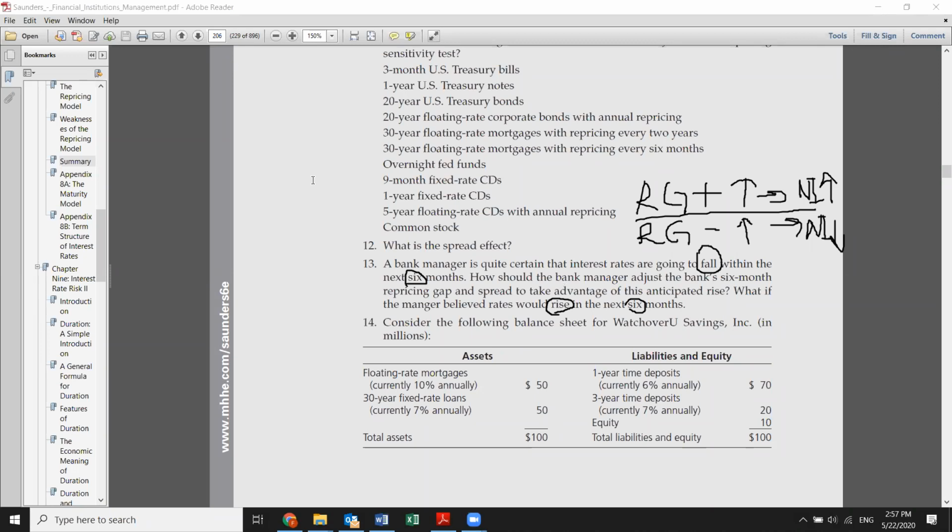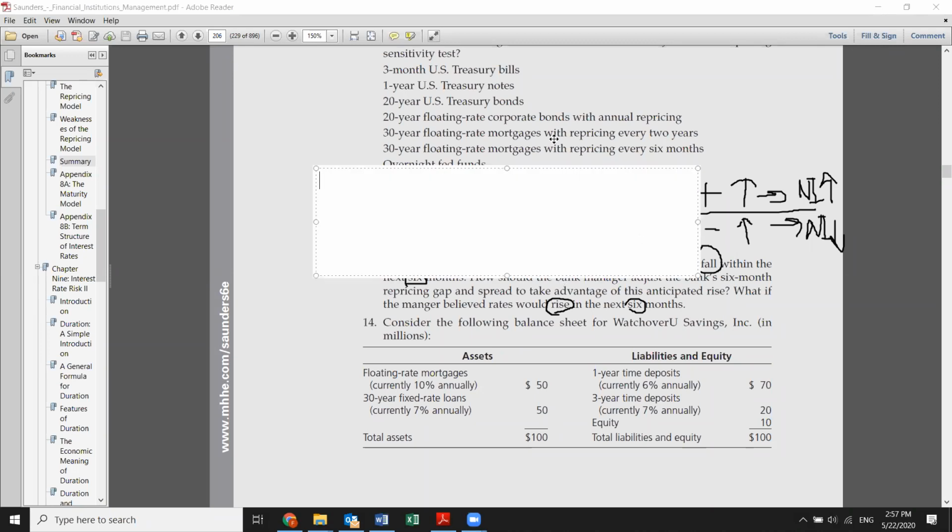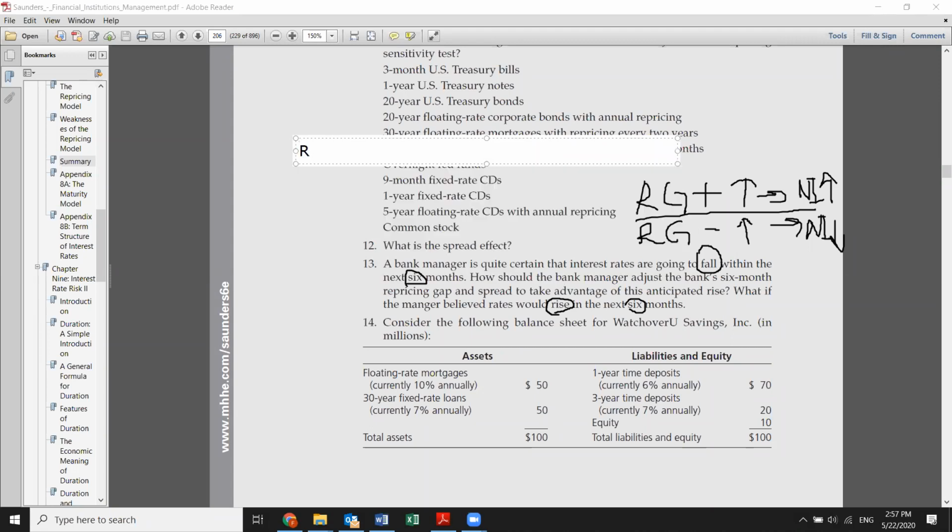So as a summary, we can put it here. Rate sensitive assets versus rate sensitive liabilities.